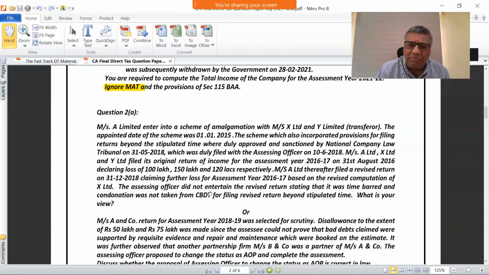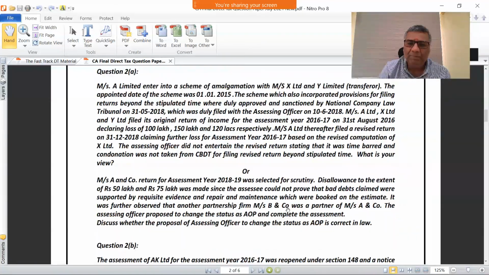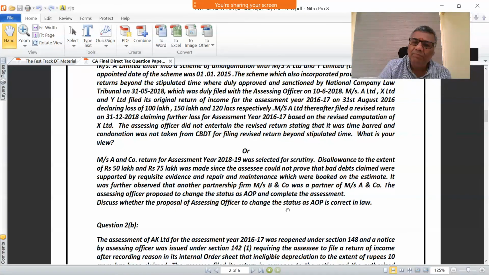A Limited thereafter filed a revised return claiming loss for assessment year 16-17 based on the revised computation of X Limited. The assessing officer did not entertain the revised return, stating it is time barred. Dalmia Power case. Whatever the facts of Dalmia Power, they made it a question and gave it. I'll come to this case law very soon.